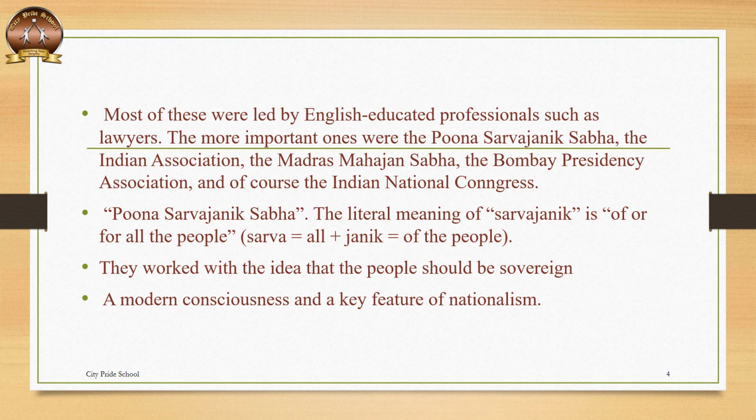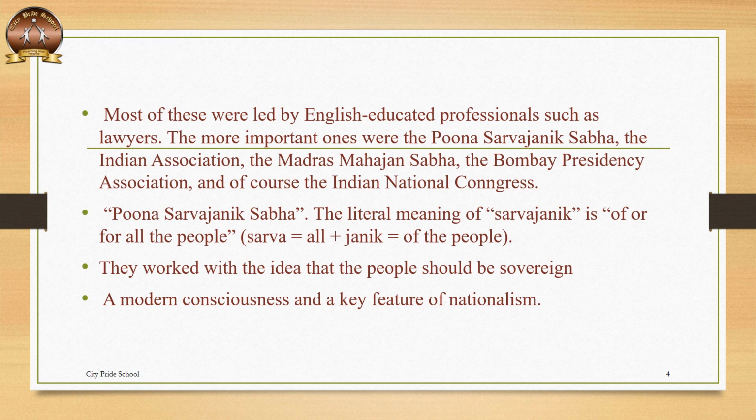Though these associations were functioning in specific parts of the country, their goals were stated as the goals of all the people of India. They were considering the goals of all the people of India, irrespective of their religion, caste, community, because they were working with the idea that the people should be sovereign.